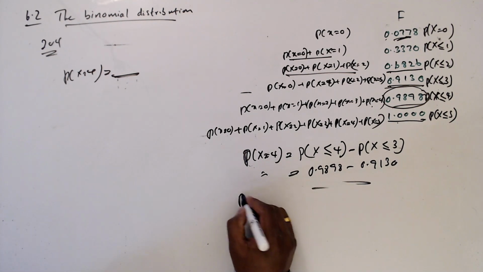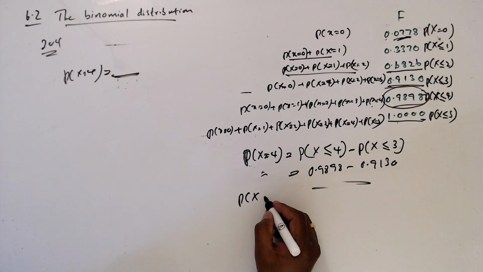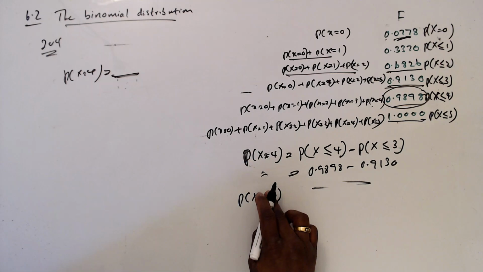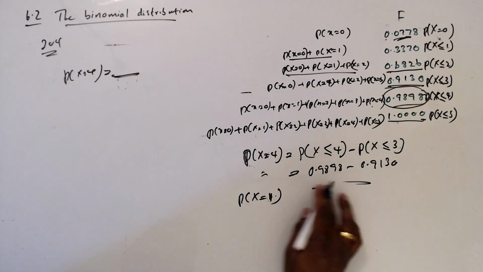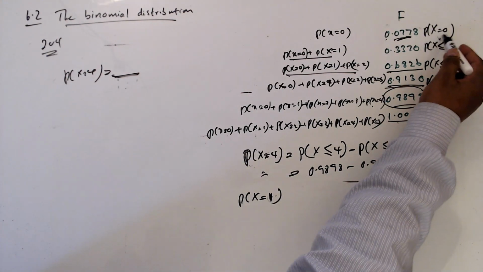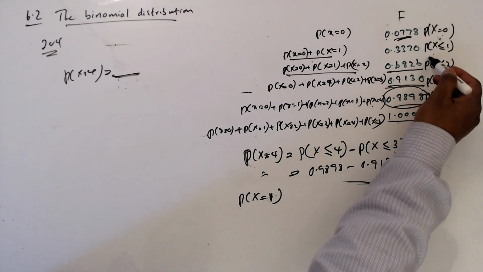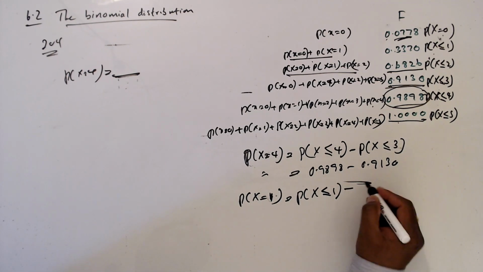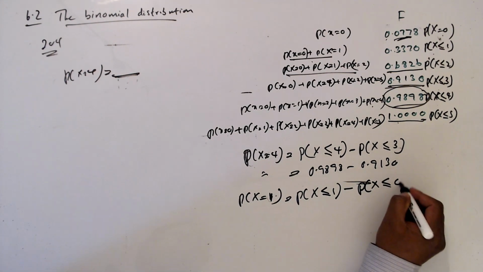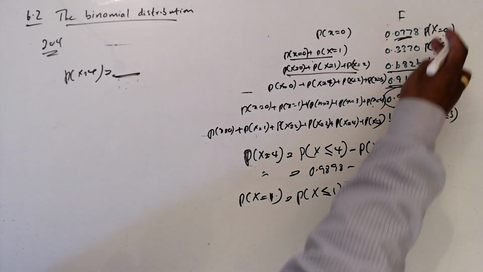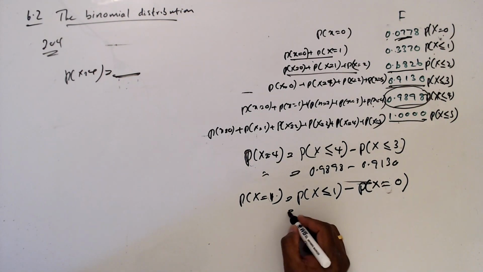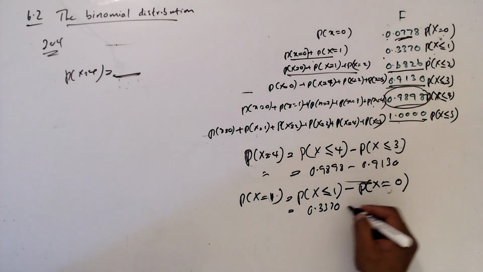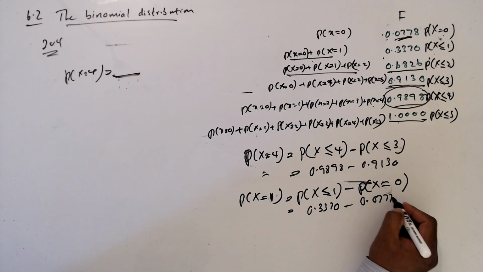Another one, I want to find x equal 1, a simple one. Now you can see 0, and this is 0 plus 1. Then you have to minus probability x less than or equal to 1 minus probability of x less than or equal to 0, since this is the first one, x equals 0. So 0.3370 minus 0.0778.